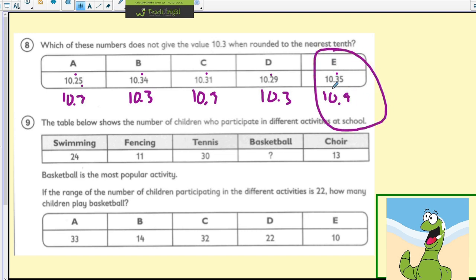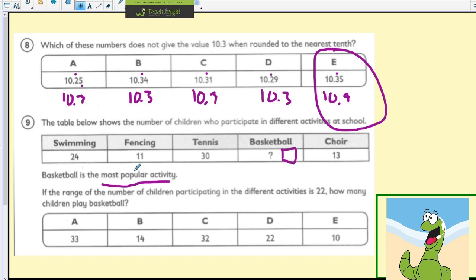Easier one now. Number 9, the table shows the number of children who participate in different activities at school. Basketball is the most popular activity. If the range of children is 22, how many play basketball? Oh, that's a cool question. Most popular means this is the biggest number, the largest. And range is biggest take away the smallest.